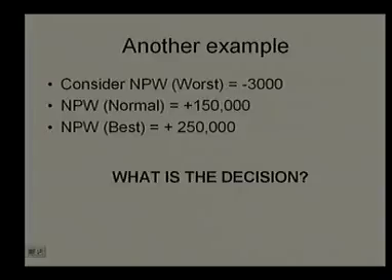If you see the first line, net present worth of worst scenario, I am getting minus 3000. If I see the net present worth under normal scenario, I am getting plus 150,000. And if you see the last one, the net present worth of best scenario, I am getting plus 250,000.